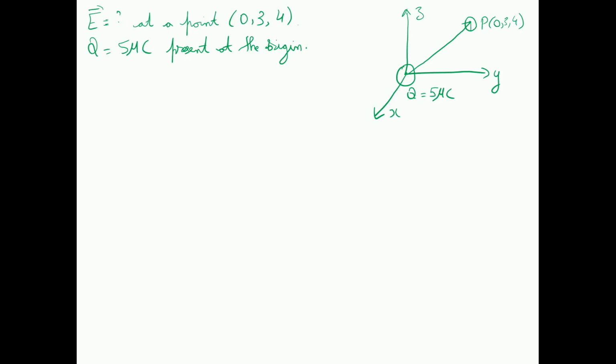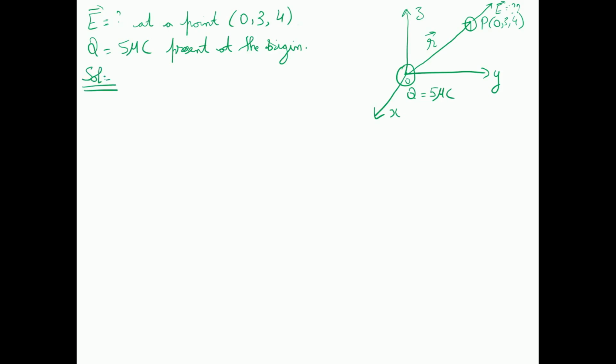So it will have a certain distance r for the position vector r, and the electric field will be in this direction, which is E, or we just say electric field as a vector. So this is the electric field we want to find at point P from the charge placed at the origin having a value of 5 microcoulomb. So how can we go about solving this problem?